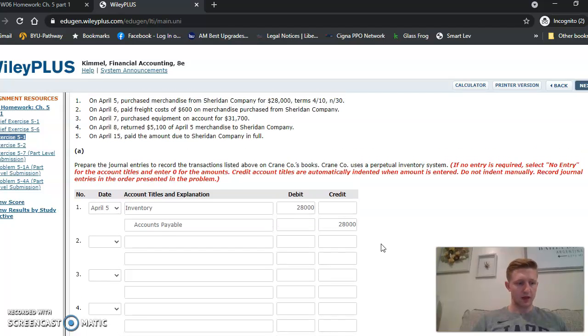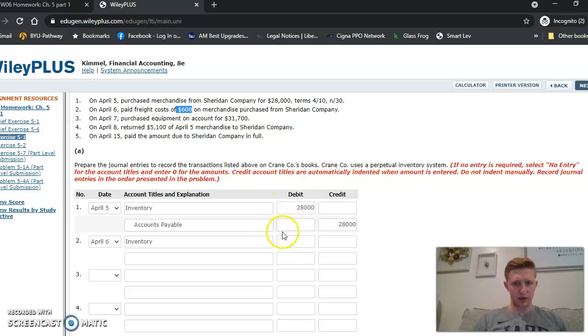Okay. And then on the second one here, it says on April 6th, paid freight costs of $600 on merchandise purchased from Sheridan Company. So go ahead, April 6th. And on this one as well, we are going to debit inventory. So let me type that in here, inventory. And it says it was $600.